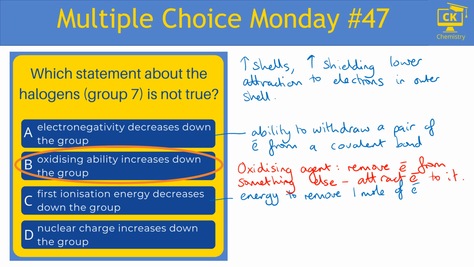So for example, chlorine is a very good oxidizing agent because it has a strong attraction to electrons and is very likely to form a negative chloride ion.